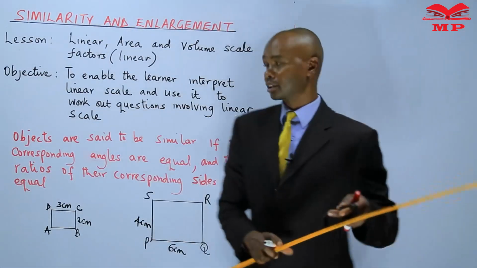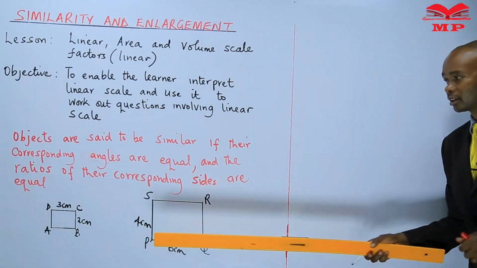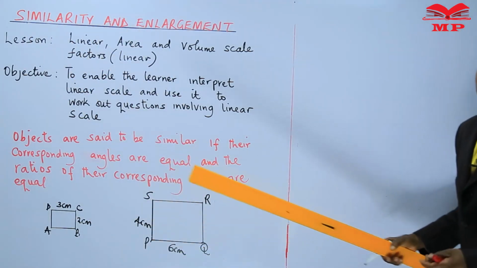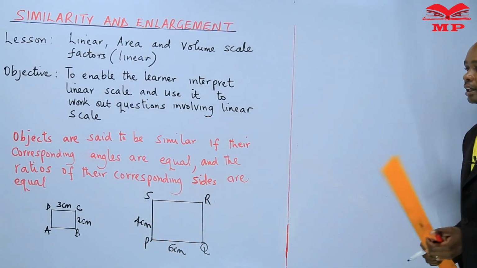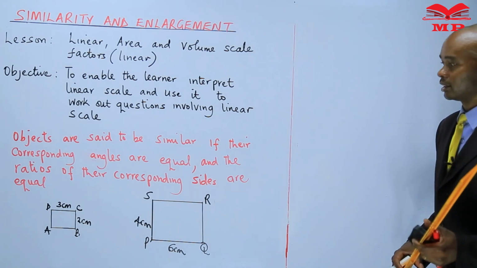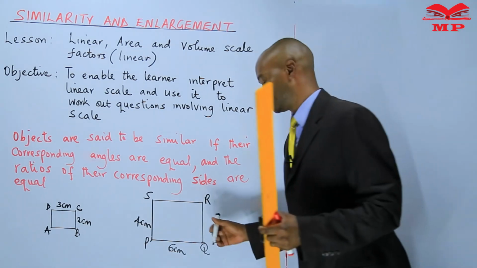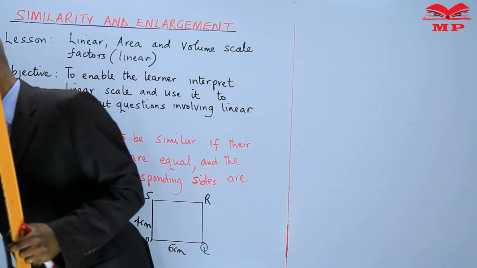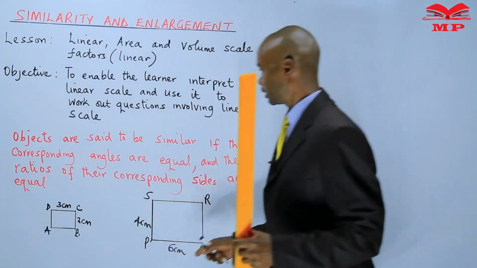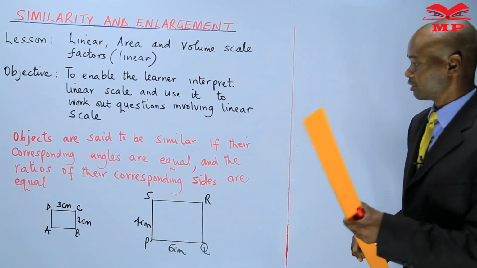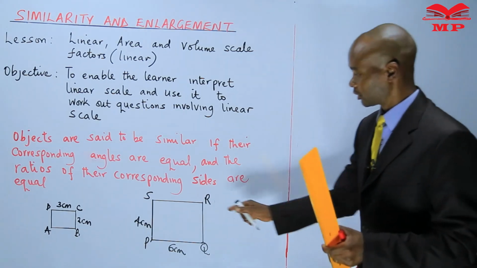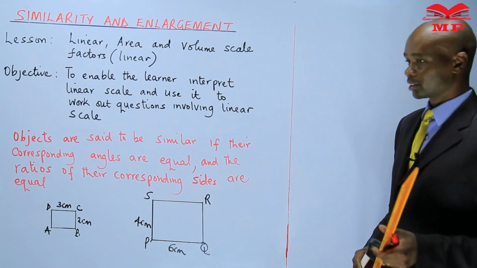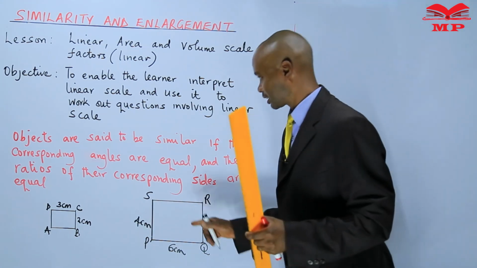Let's take a look at those two shapes, ABCD and PQRS. One would say these two are similar because their corresponding angles are equal.